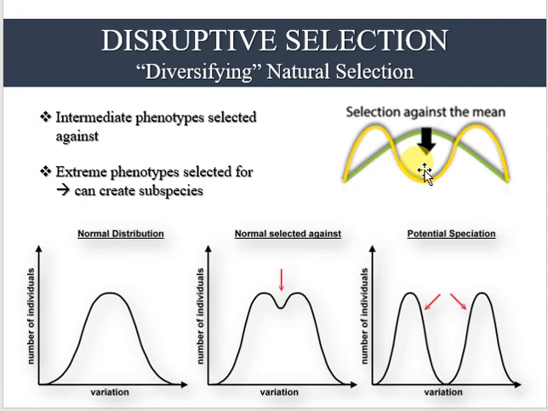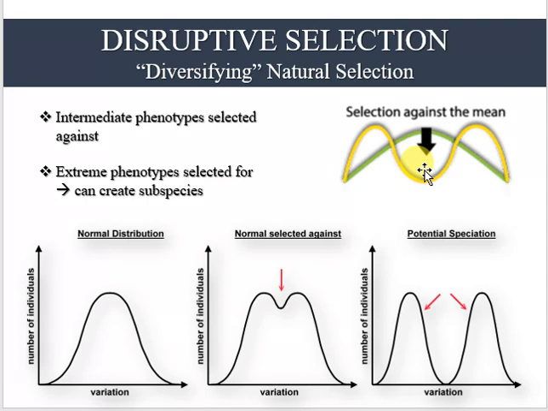Now this mode of selection often will lead to the development of two distinct populations that will become separated from one another. So it can lead to speciation. It can create subspecies.